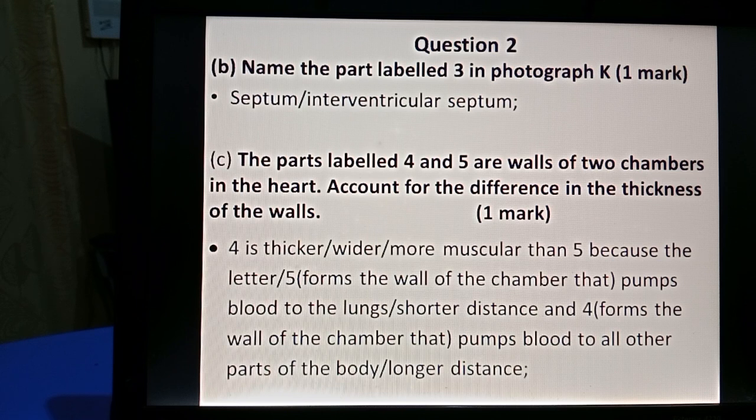So, 4 is thicker than 5 because the latter pumps blood to the lungs, and 4 forms the wall of the chamber that pumps blood to all other parts of the body over a long distance.